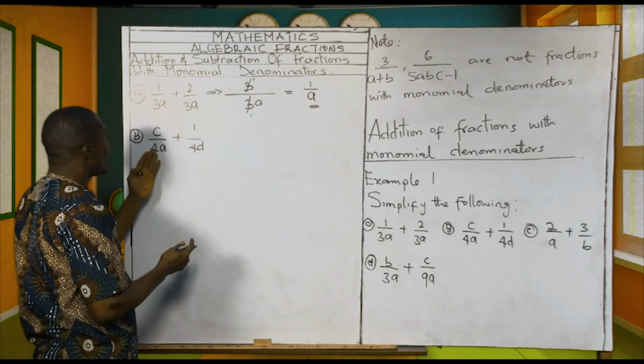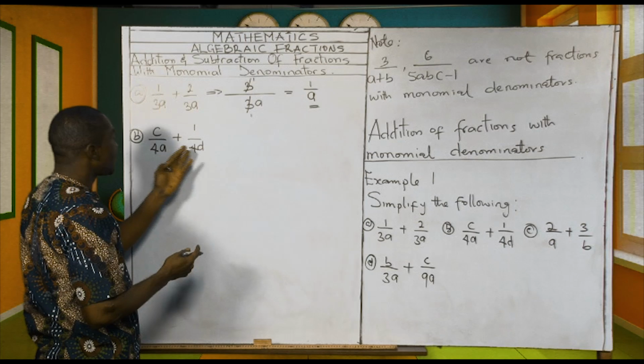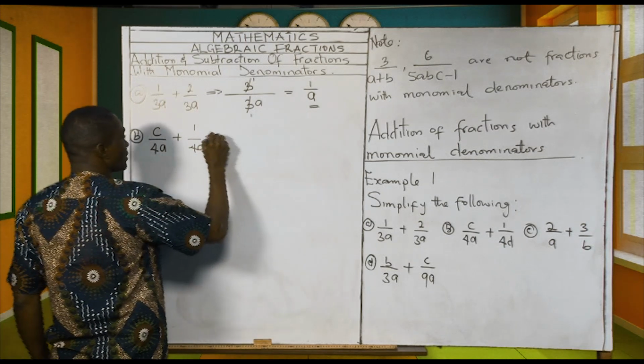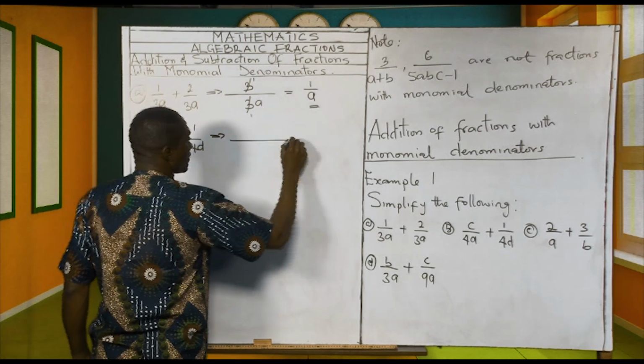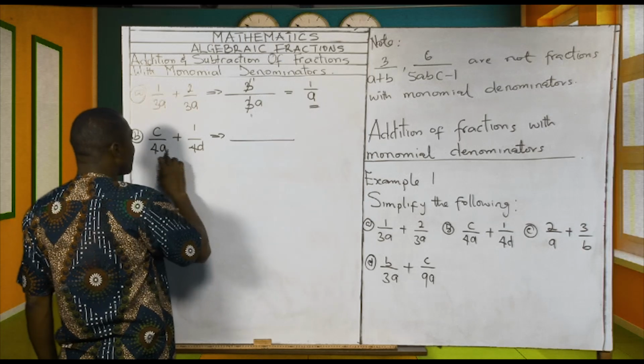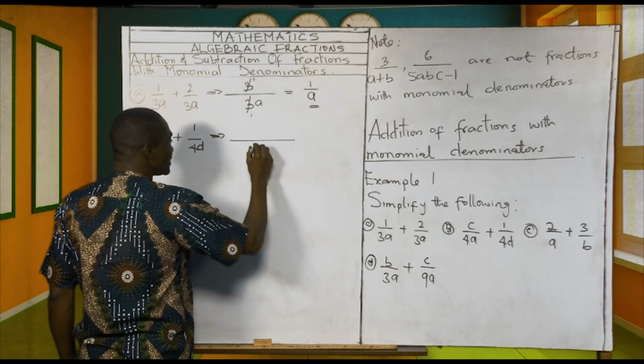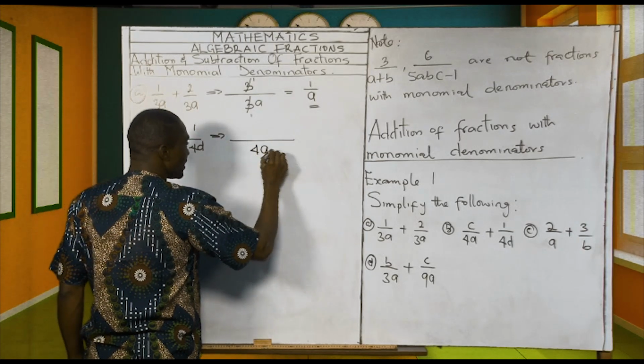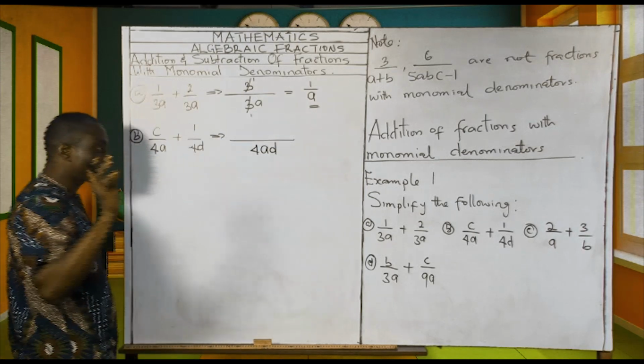What is the LCM of 4a and 4d? The LCM of 4a and 4d is 4ad. I've taught you how to do that.